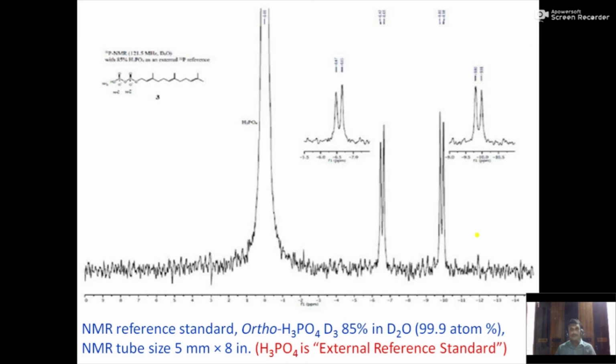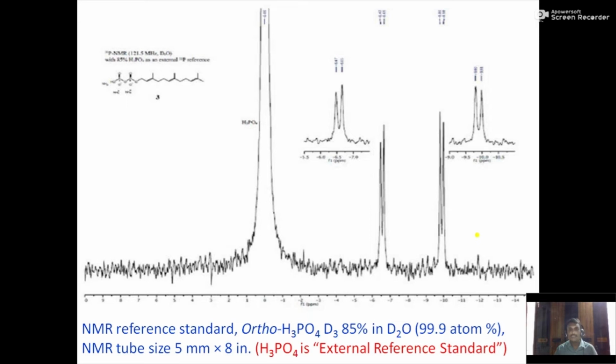This is the NMR spectrum of a phosphorus containing compound. We are using orthophosphoric acid, which is the deuterated orthophosphoric acid in 85% D2O, that is the heavy water. In this case also we are using the standard, but this is the external reference standard.